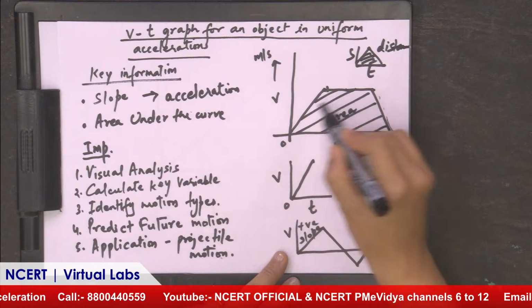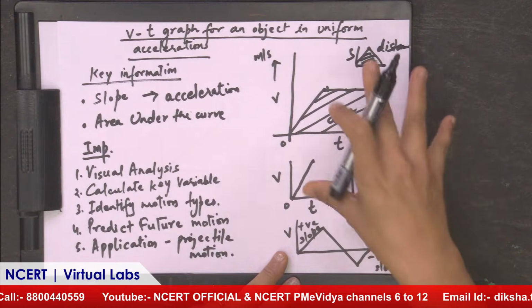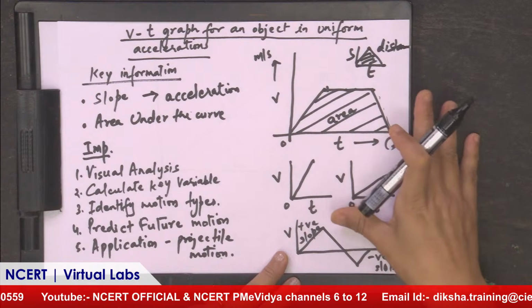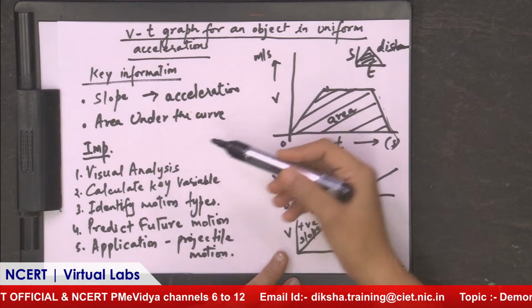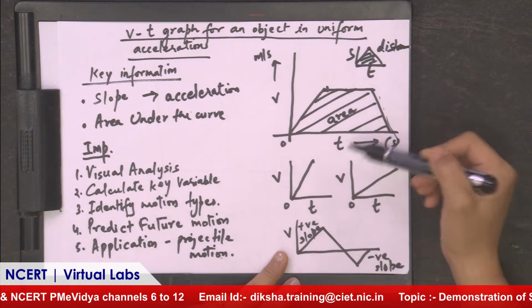Small area, small displacement; large area, large displacement. So these are the two key pieces of information which we can retrieve from these graphs.